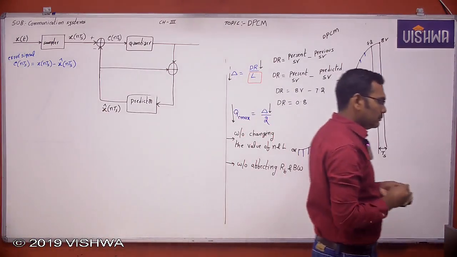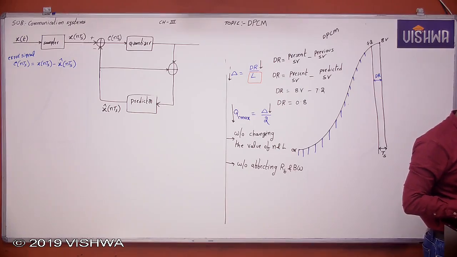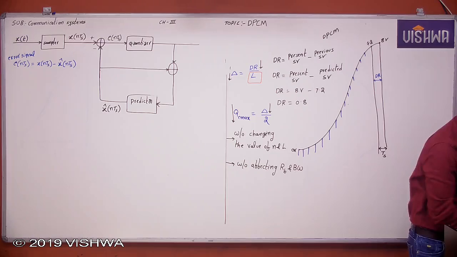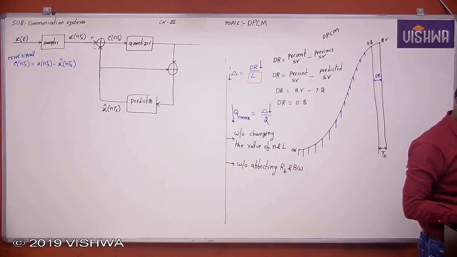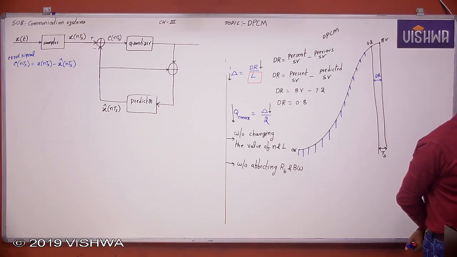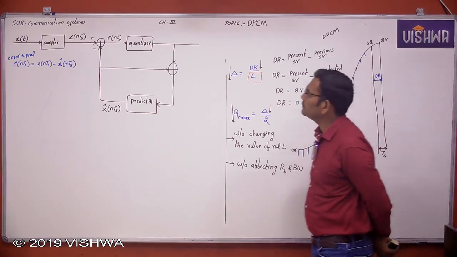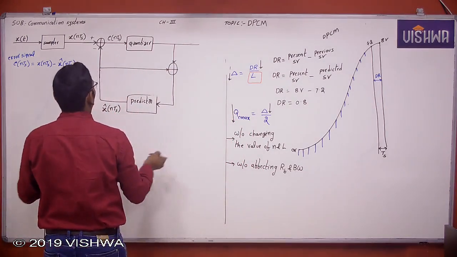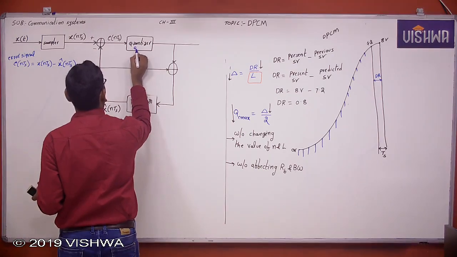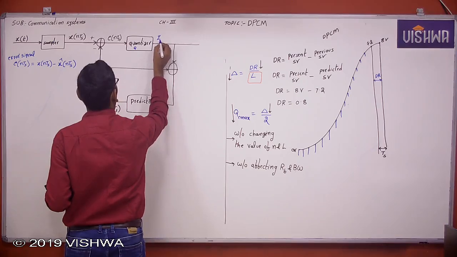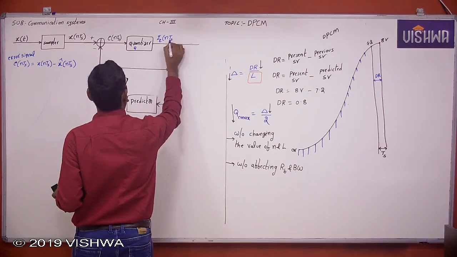Now some quantization error is added here, therefore this is the quantized error signal.